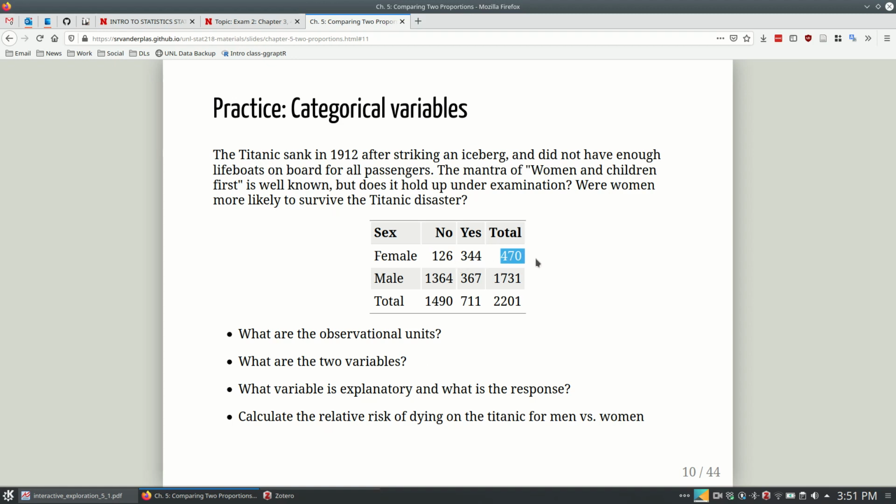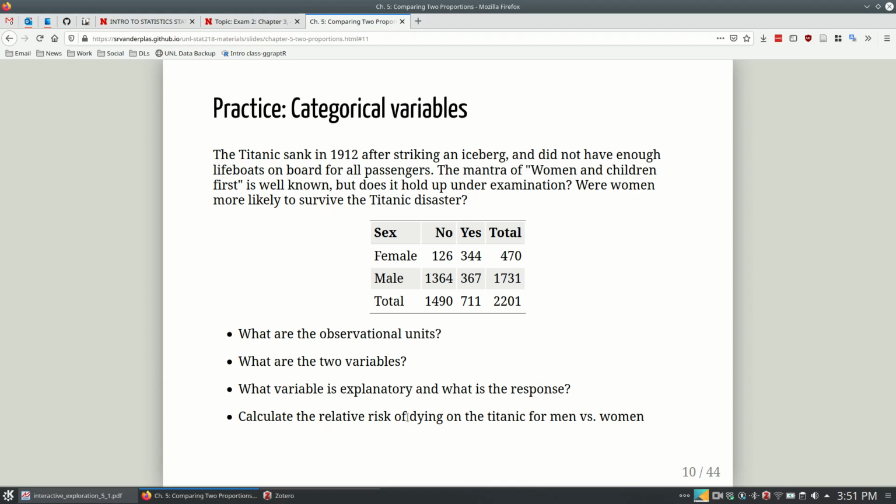So 126 over 470, that gets you the proportion of women on the ship that died. We're going to take the number of men that died, divide that by the total number of men, okay? And I've got these numbers written down over here, but for men, the proportion is like 0.788. For women, the proportion is 0.2681.